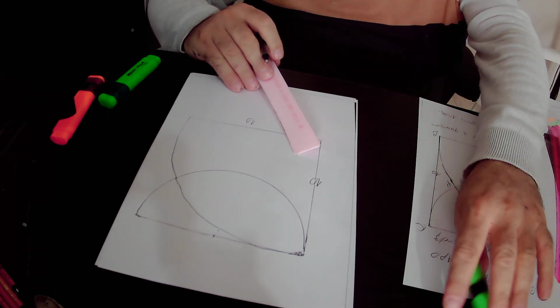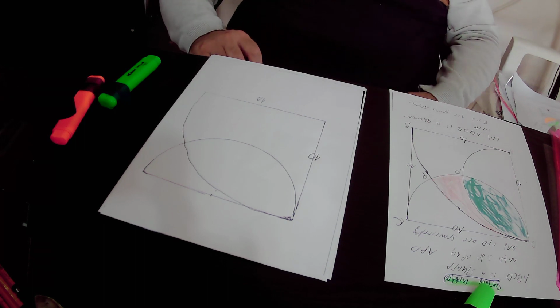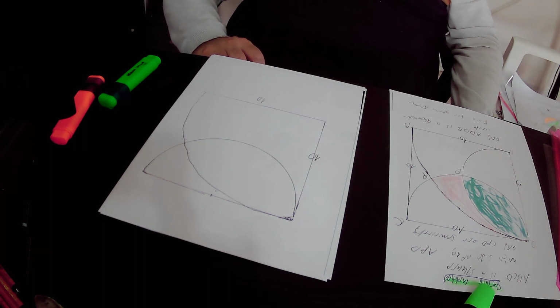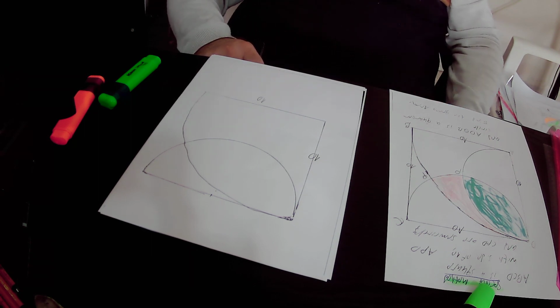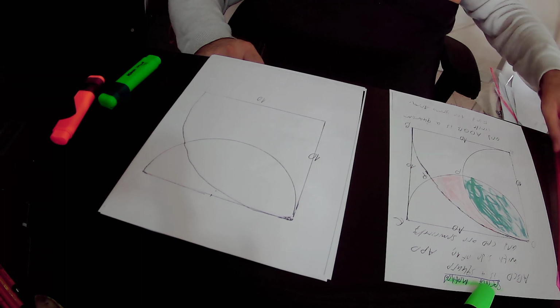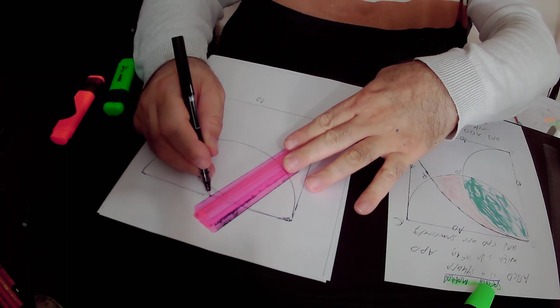So the blue lens is created by the intersection of the quarter circle with the semicircle. So here we join the two centers together.